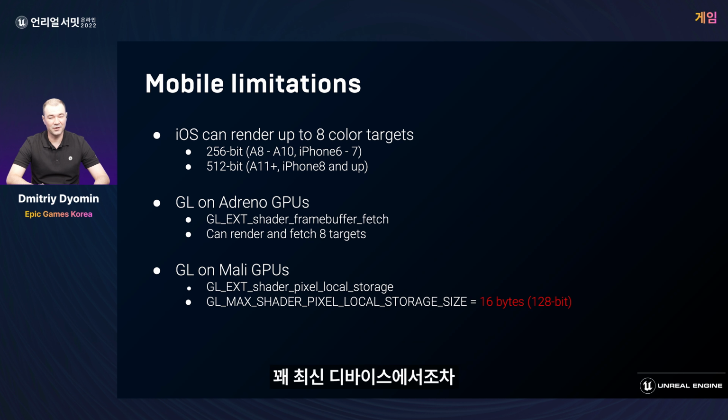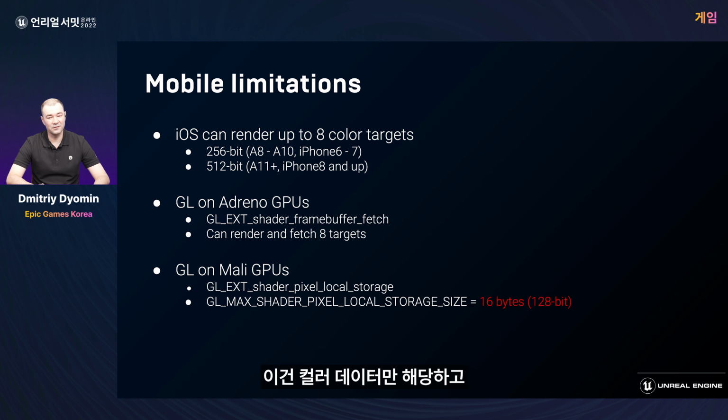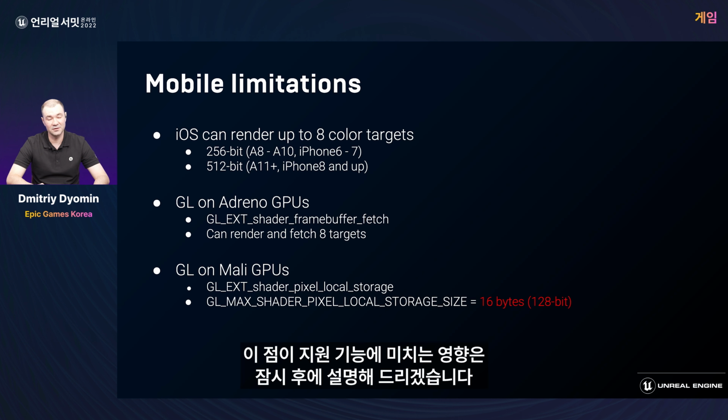And even on quite modern devices, it reports that you can use up to only 128 bits or 16 bytes per pixel. This is only for color data. Depth is accessed separately and does not count against this limit. 16 bytes is quite limiting, and I will explain a bit later what kind of implications it has on supported features.